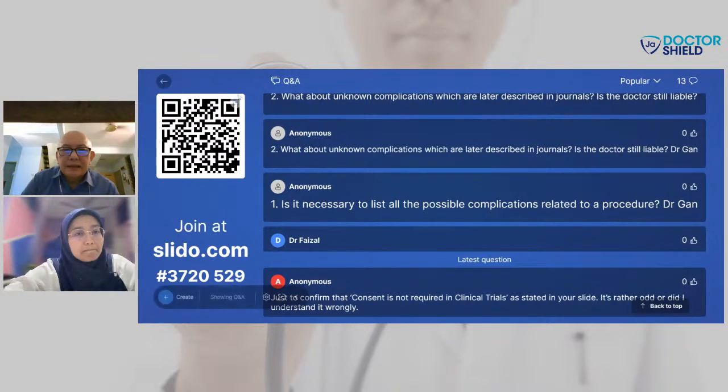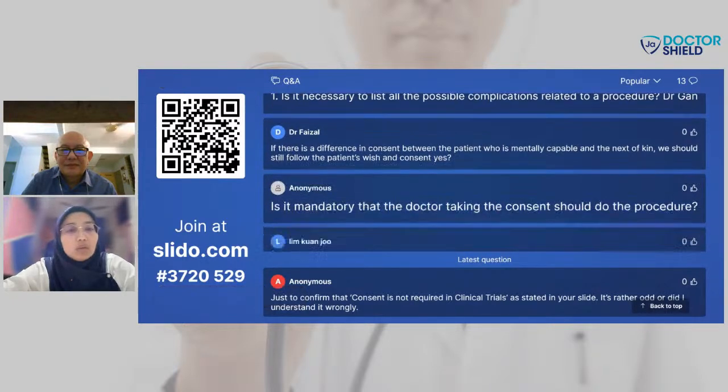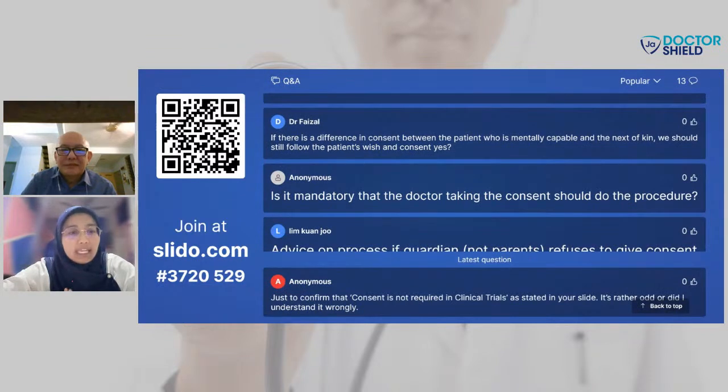Okay. Dr. Gan asks, what about unknown complications at the time you take consent, which are only described later in journals? Is the doctor still liable? No, at the end of the day, they are unknown complications, so we treat them as not material risks. Therefore, it's not necessary at that point in time for the consultant to inform the patient that this is the side effect, this is the risk.